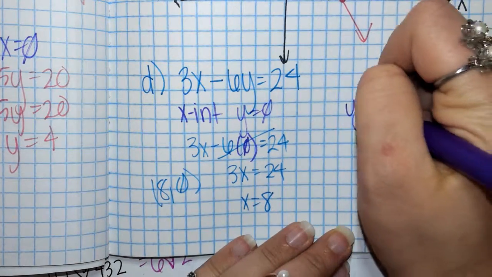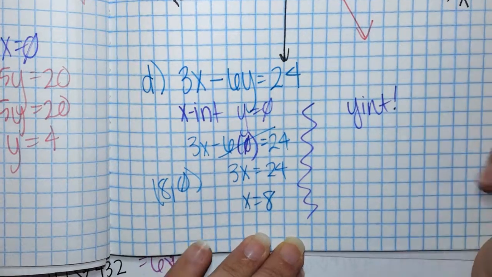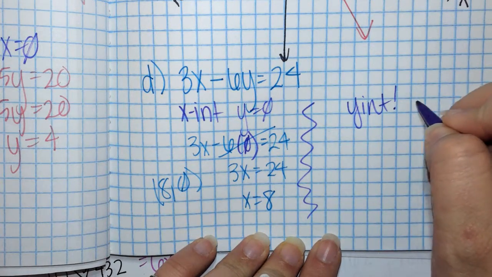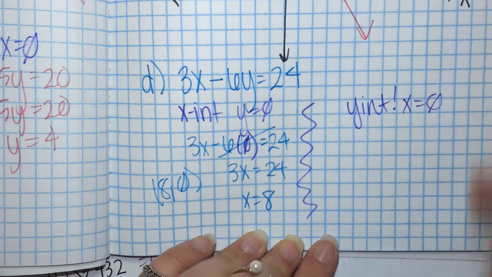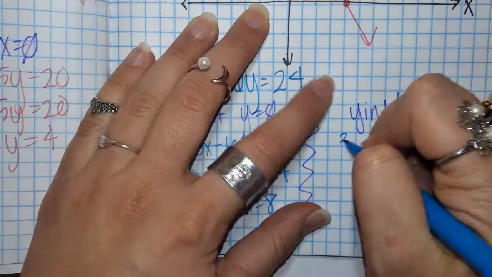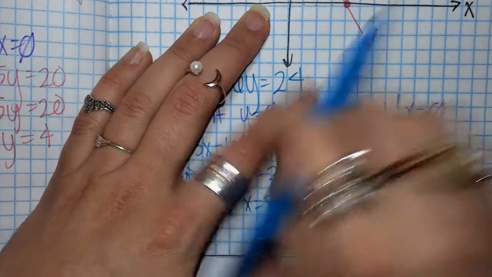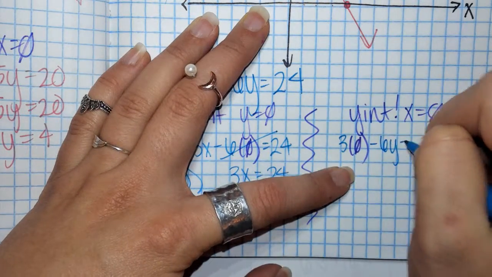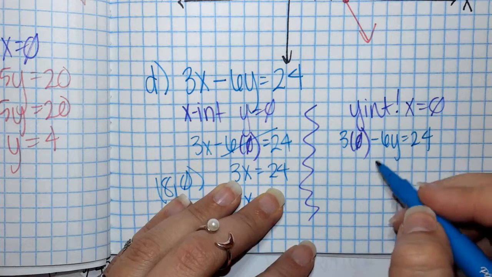Alright, now let's find our y-intercept. What do we know is always true about our y-intercept? That x is always going to be 0. Okay. So how would I write this equation? 3 times 0 plus negative 6y equals 24. Alright, now what's 3 times 0? 0.